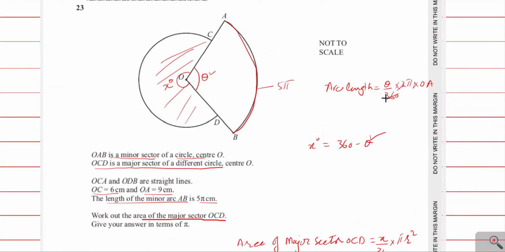And here 2 times 180 is 360. We write theta over 180 into pi into OA, which is 9. Here the arc length is 5 pi. Therefore, pi would be cancelled. And 9 times 20 is 180. Therefore, theta over 20 equals 5. And theta will be equal to 100.